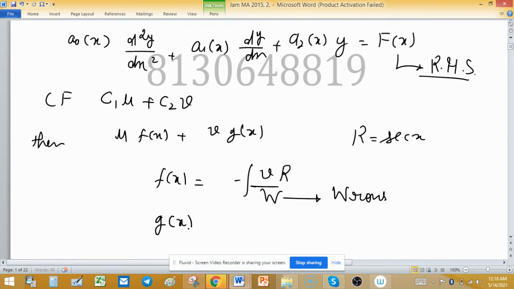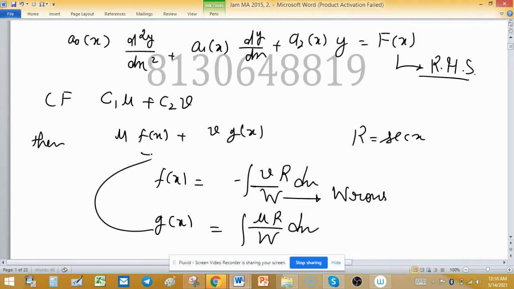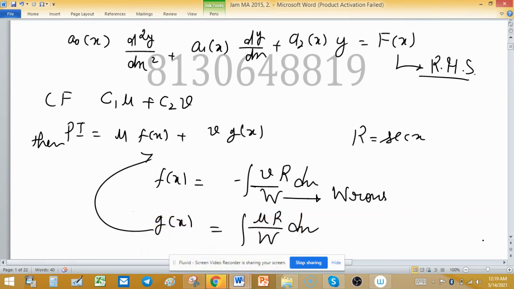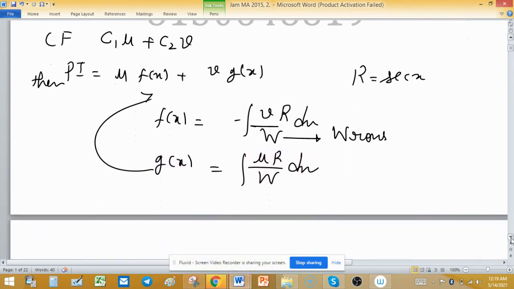And g(x) can be found by integral of u r upon w dx. So this is the format for finding the particular integral and complementary function for a second order linear differential equation when the right hand side is not 0.